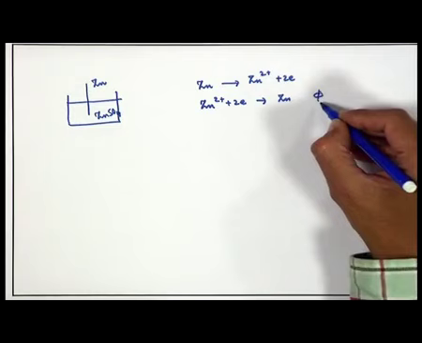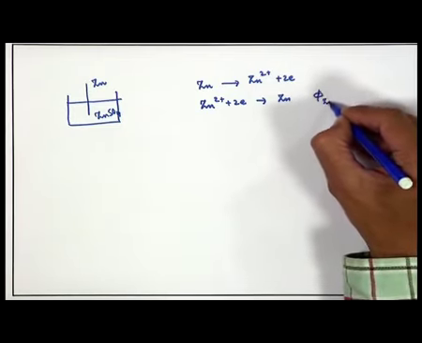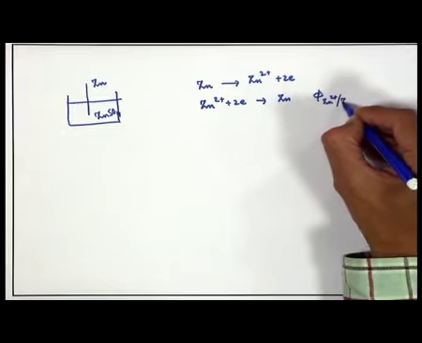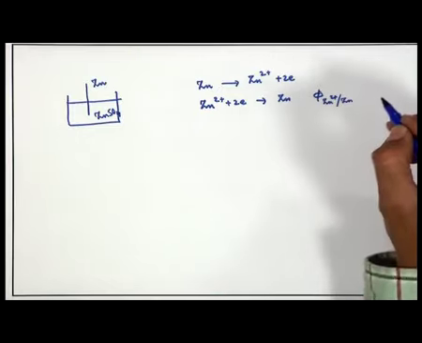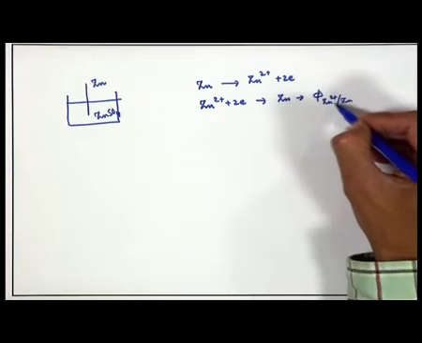For zinc 2 plus zinc, the reduction potential is represented like this.